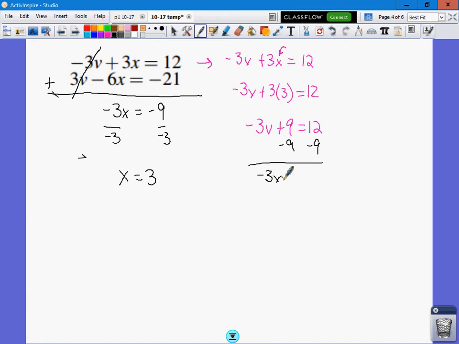Negative 3v equals 3. And when I divide by a negative 3, v is going to be a negative 1. Again, if I put it in an ordered pair, they're usually listed alphabetically, so it would be negative 1, 3.